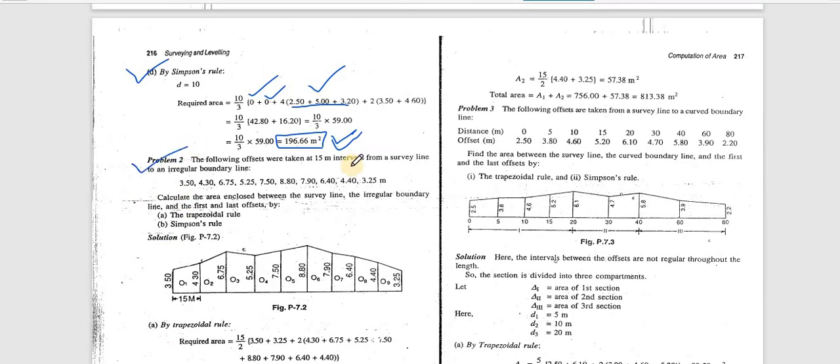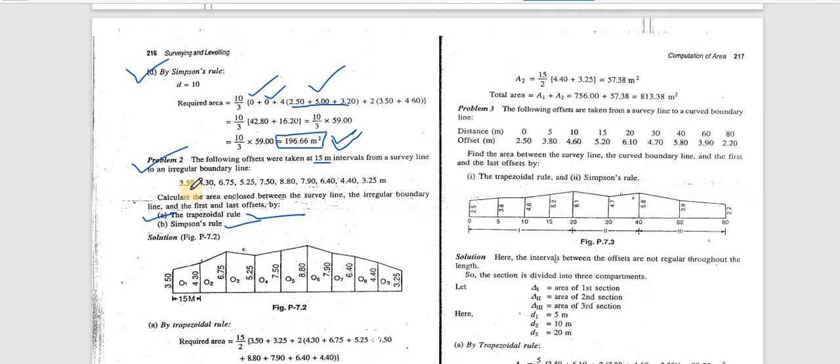The following offsets were taken at an interval of 15 meters from a survey line to an irregular boundary line. So the common distance is 15 meters, and these are the values of the ordinates. Calculate the area enclosed between the survey line, the irregular boundary line, and the first and the last offset by the trapezoidal rule and Simpson rule. We will apply the trapezoidal rule first because there is no limitation in it; we can take n number of ordinates.